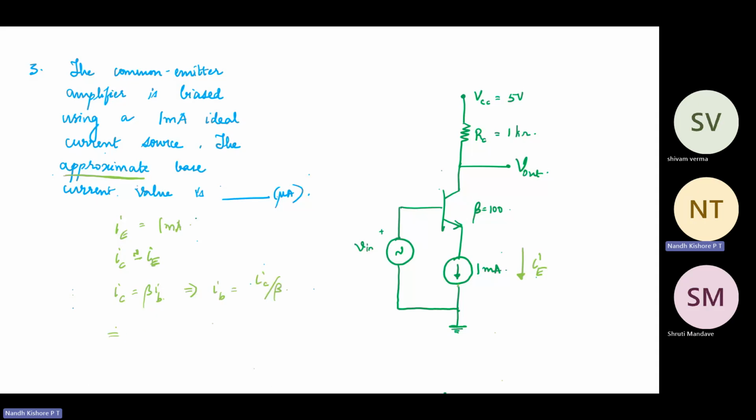Therefore, IB is approximately equal to IE by beta, which is basically 1 milliampere divided by beta, which is 100. So 1 milliampere by 100 would give you 10 microampere. Agree? Answer?